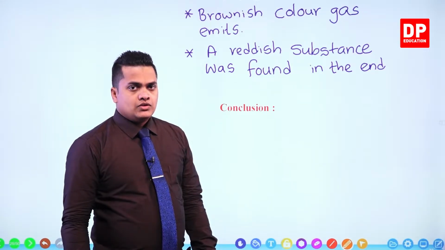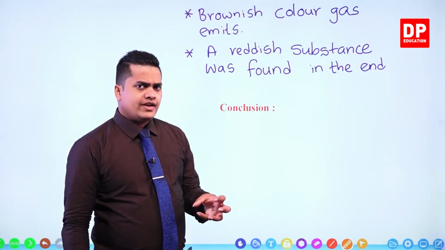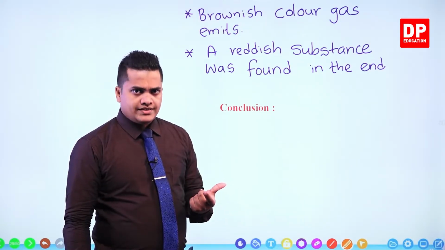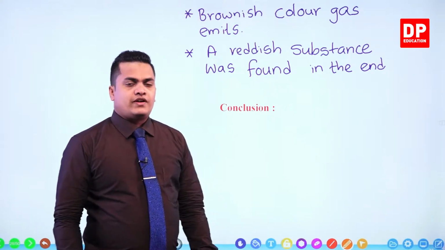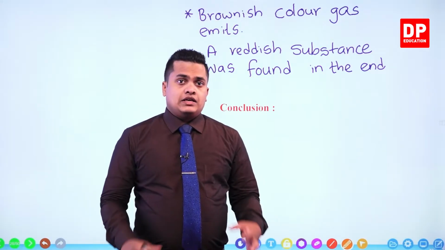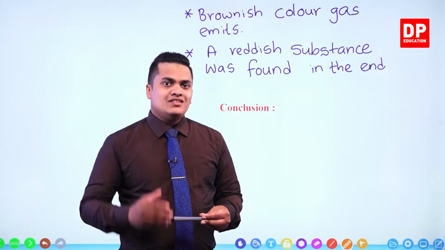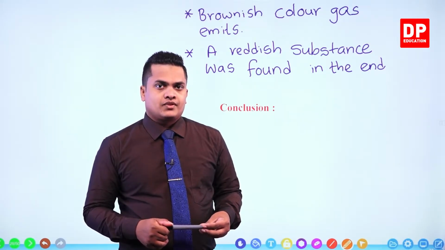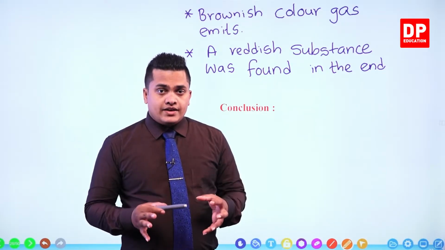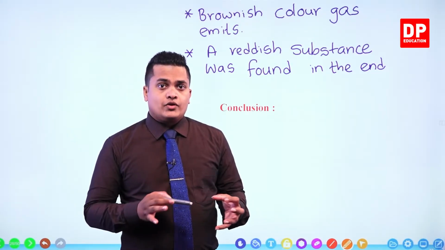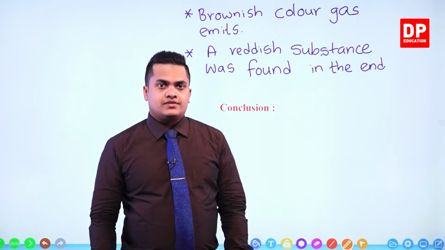Okay. So here you can see that lead nitrate has changed its composition to form new substances. So finally we can conclude that upon heating lead nitrate, a chemical change has occurred. How can you see that? It's because lead nitrate has undergone a series of changes to form new substances.